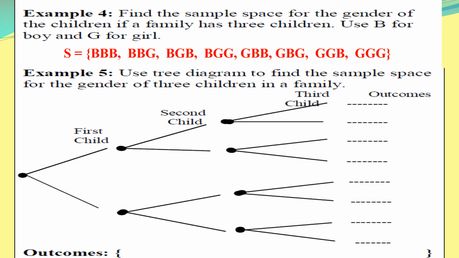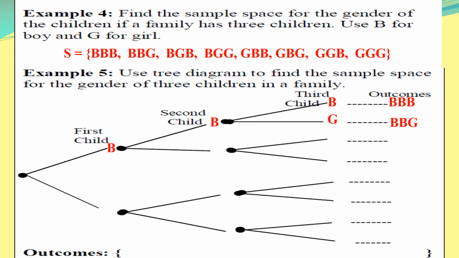So let's start. If the first child is a boy, the second child is a boy, and the third child is a boy, then the outcome would be boy, boy, boy. If the first child is a boy, the second child is still a boy, third child is a girl, then the outcome is boy, boy, girl.